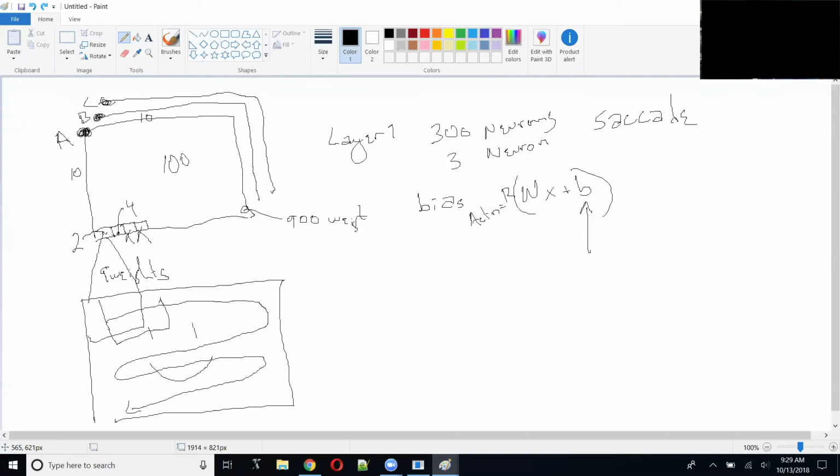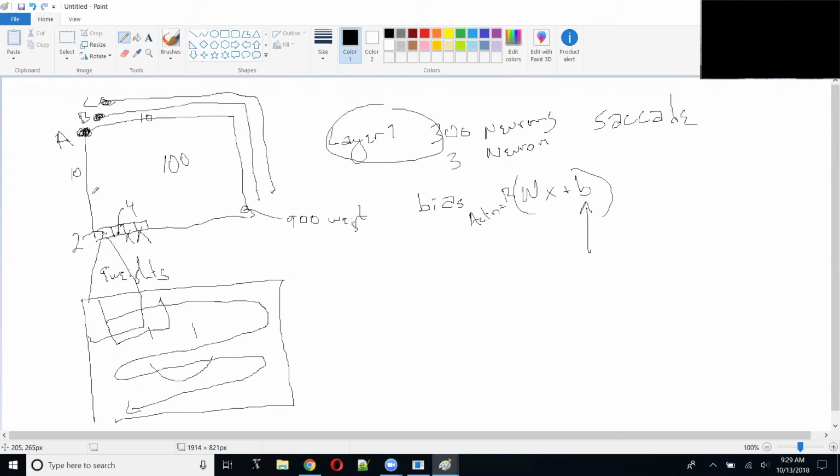So now let's go to multiple layers. You have your picture down here. You have your first layer, layer 1 here. And then let's take a look at what layer 2 is doing.